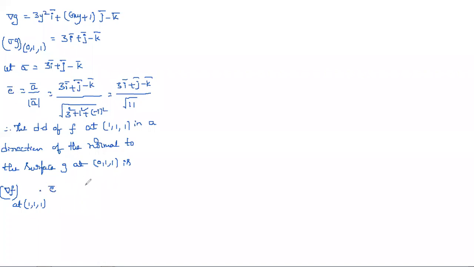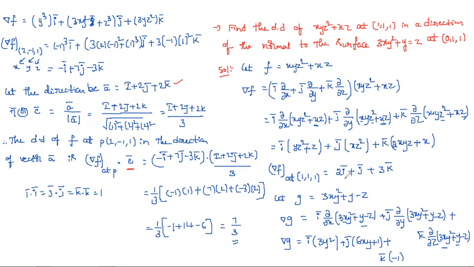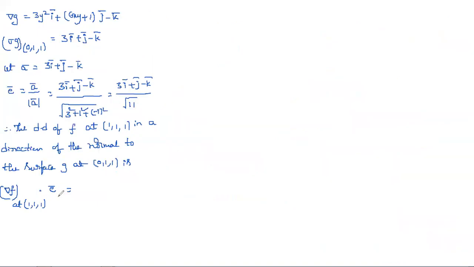So del f at the point, what we got, is 2i plus j plus 3k. So that is 2i plus j plus 3k dot e bar, which is 3i plus j minus k by root 11.